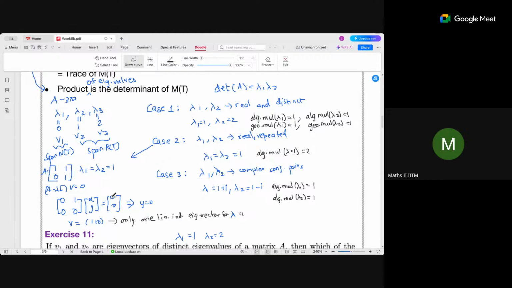But in this case, what is the geometric multiplicity? How many linearly independent eigenvectors are here? 1. So now you see that the algebraic multiplicity is 2, but the geometric multiplicity is 1. They are not equal.